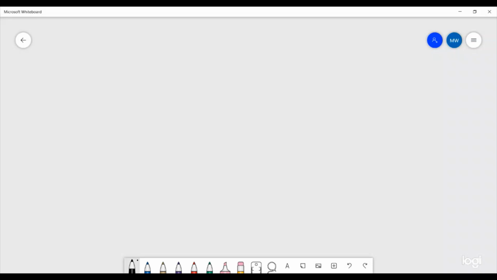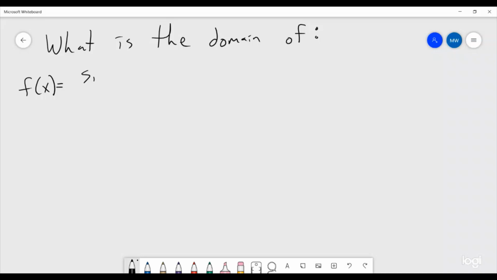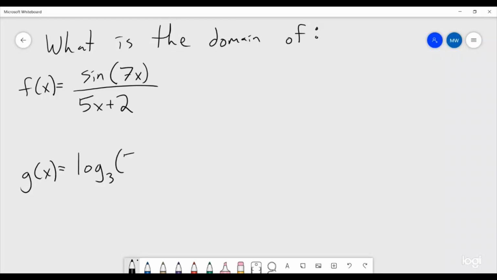Okay, for the next one, let's find what is the domain of f of x equals sine of 7x divided by 5x plus 2, and then g of x equals log base 3 of 5x plus 4 times minus.